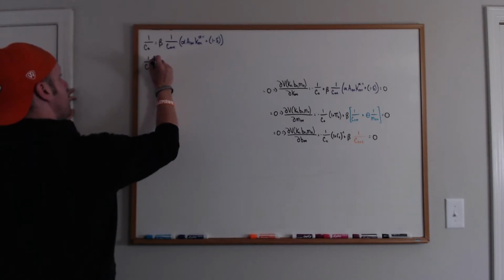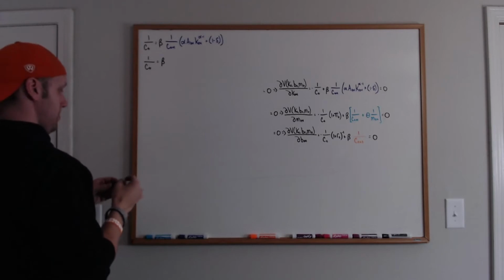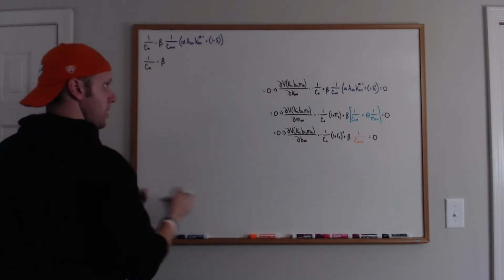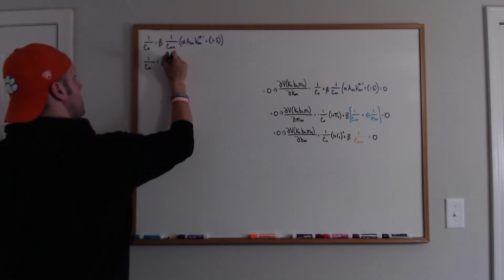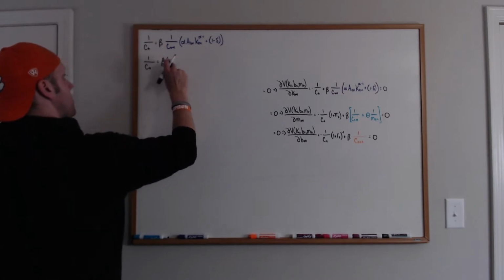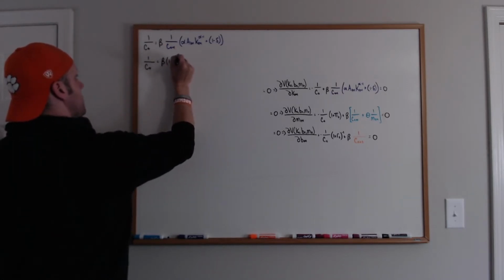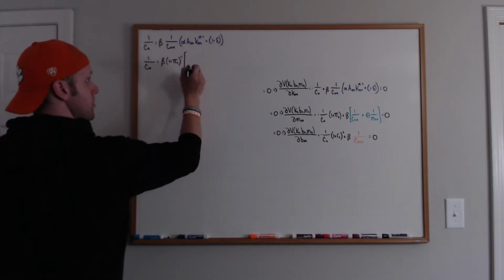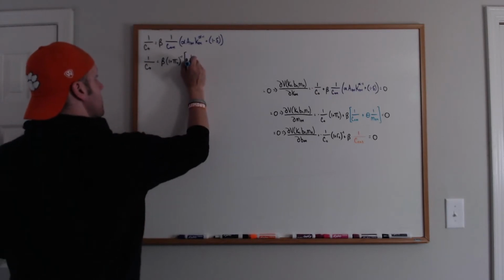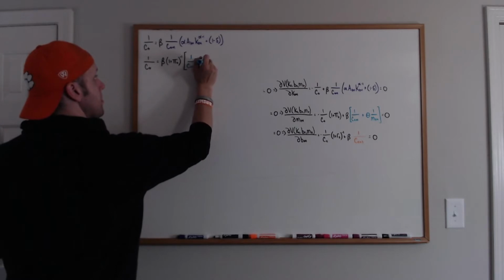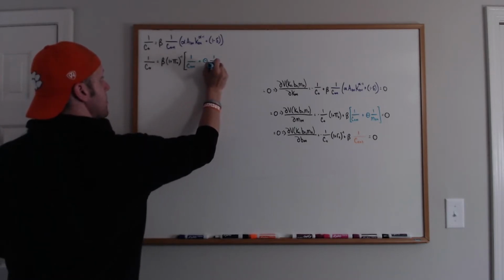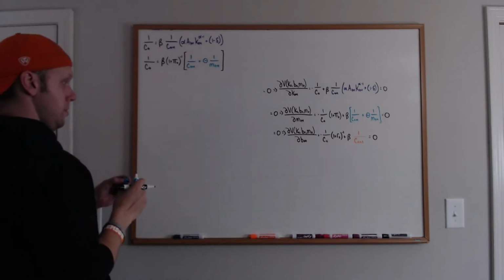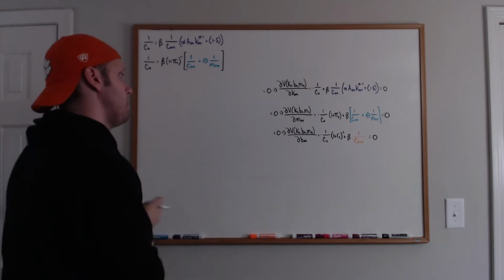So I got 1 over CT equals beta times... We get that, and now finally, Euler equation for bonds.